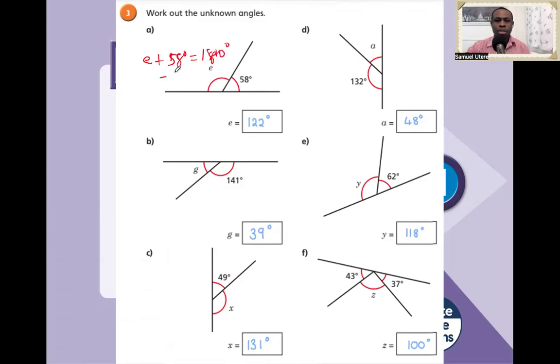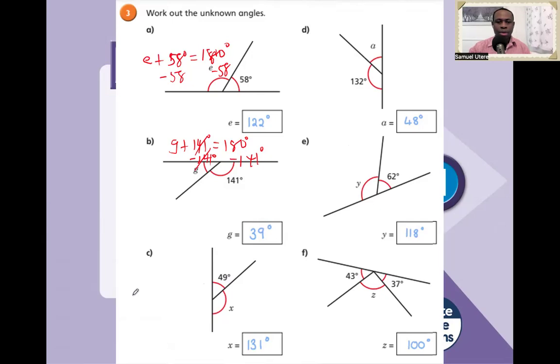So we need to subtract 58 from both sides, and that gives us our answer. Here we know that g plus 141 degrees is equal to 180 degrees. So we subtract 141 degrees from both sides. That gives us this result.